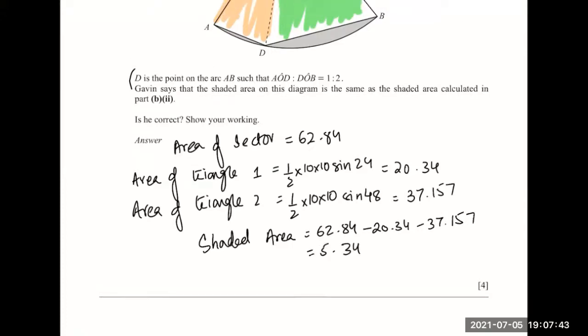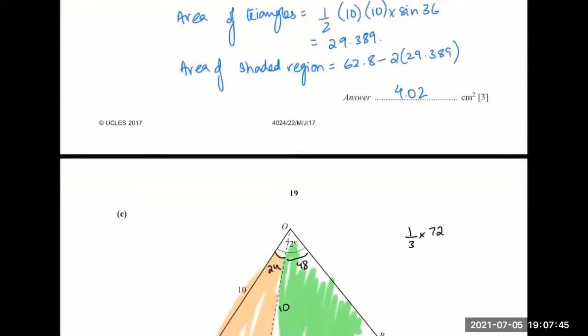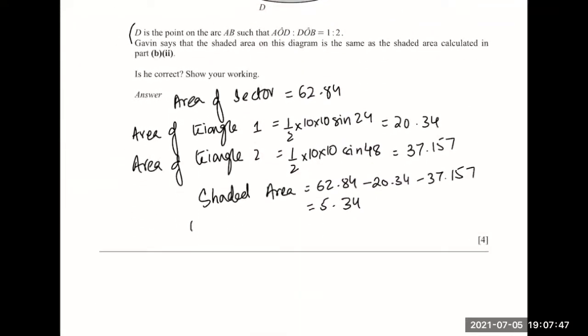Okay, 5.34. Is he correct or is he wrong? He's wrong, right? He's wrong. Shaded area has increased. Does that make sense to everybody?